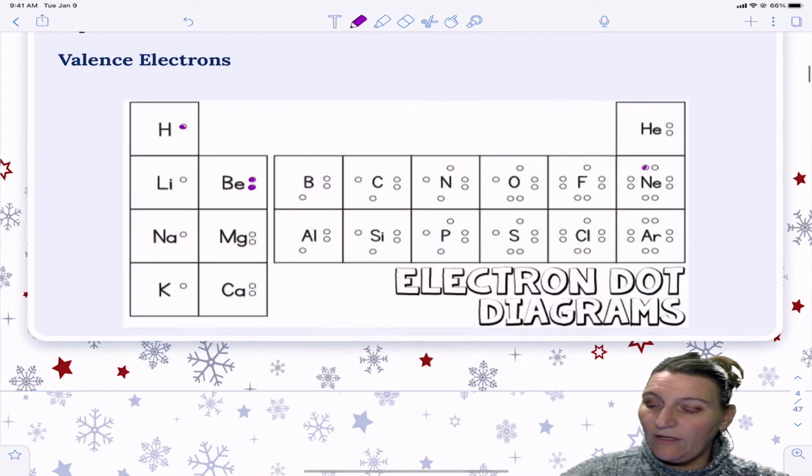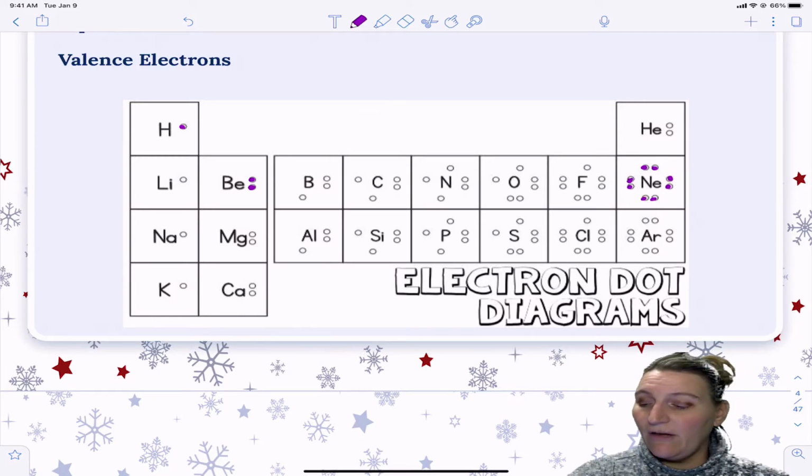And most importantly, we look over at our noble gases, and we see that neon has 8, argon has 8, helium only has 2, but what that represents is a full outermost energy level, and that's really important. That's what these atoms are trying to obtain.